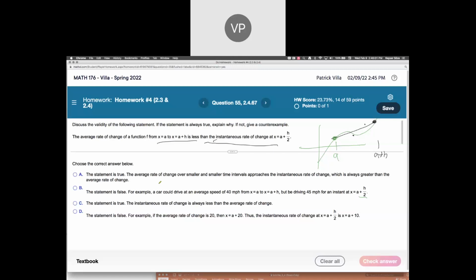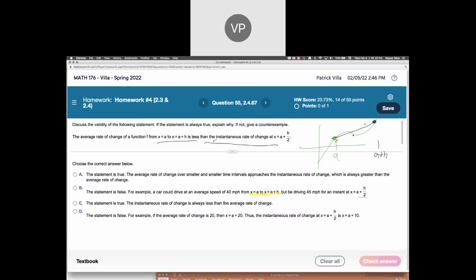And then I'm going to jump to the last one. Oh, sorry. The instantaneous rate is not always going to be less. The last example almost says the same thing, but it's not quite. So make sure, let's look at B here. It's kind of the example that I stated, but average speed at 40 miles an hour from this area right here.